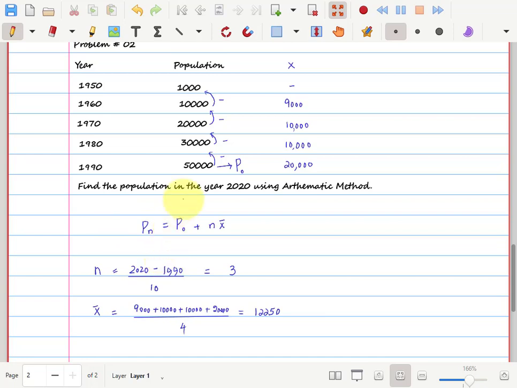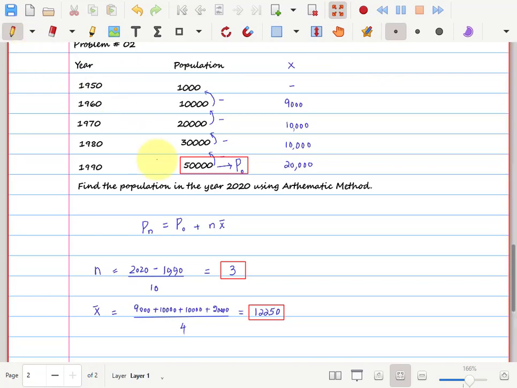So now we have everything, right? Let's mark them. We got all 3 required values. This is our P naught, this is our n, and this is our x bar. Now we just need to put them in equation number 1.